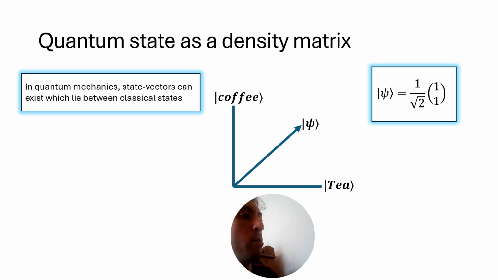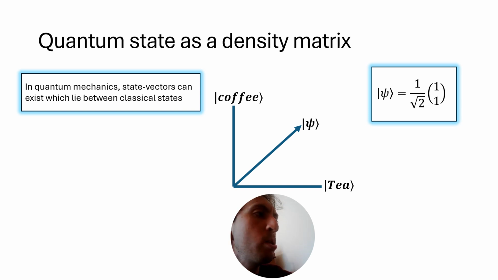And we have a pictorial demonstration of this quantum state, but we can also write it mathematically by thinking of the components of how much of this state lies along one classical state compared to another. So if our quantum state is an equal mixture of classical states, let's say tea and coffee, then the component referring to tea and the component referring to coffee will have the same size, hence the numbers are the same.